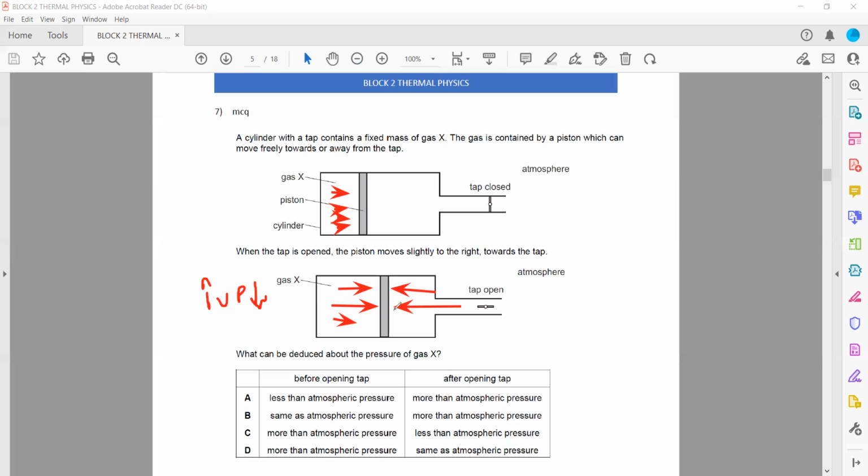And as a result, eventually the outside pressure will balance with the inside pressure, and the piston will stop moving. So after opening, the pressure will be the same as the atmosphere, but at the moment we open, the pressure was higher. So that's why D is the right answer.